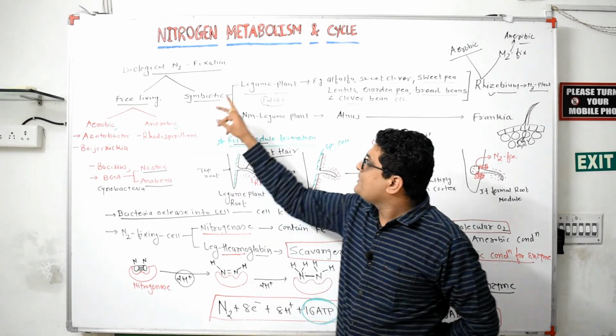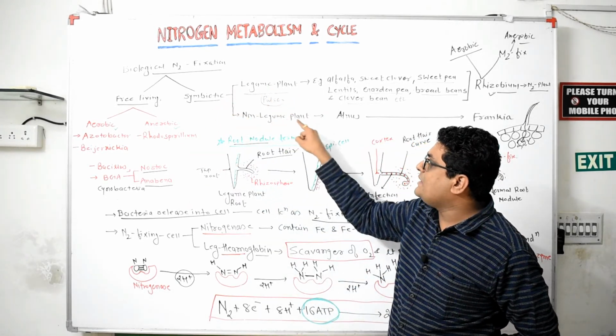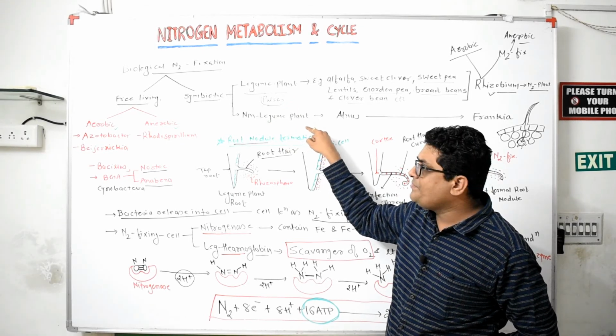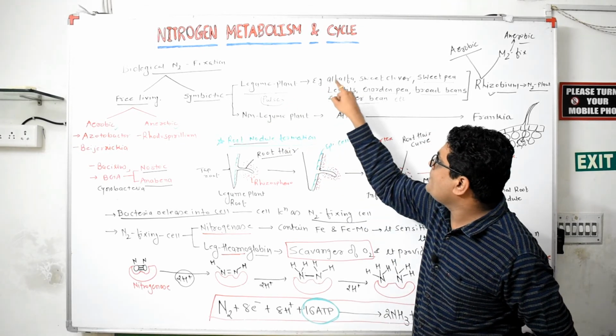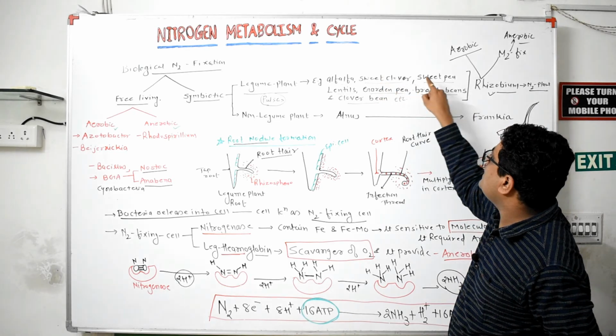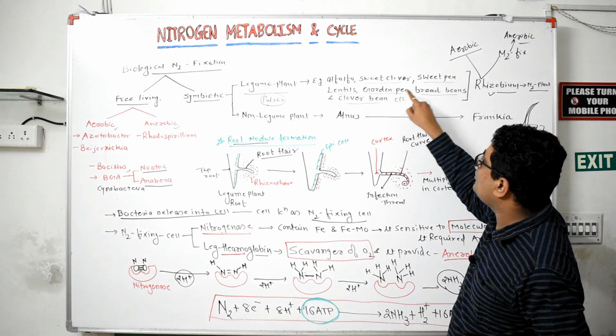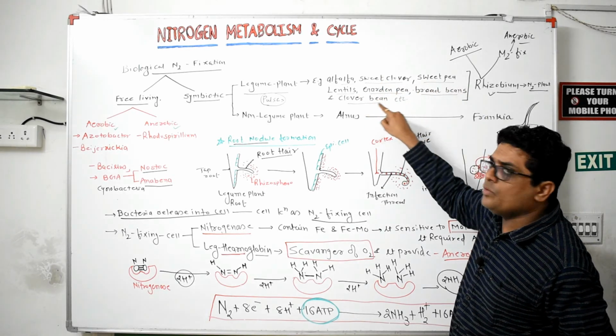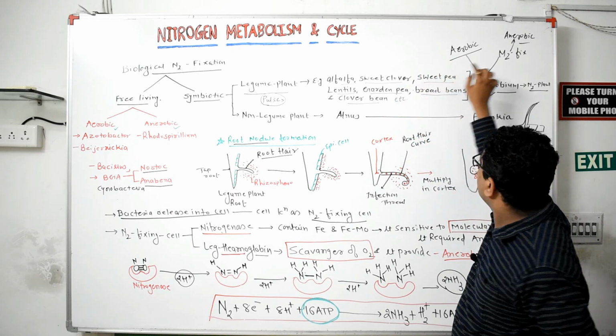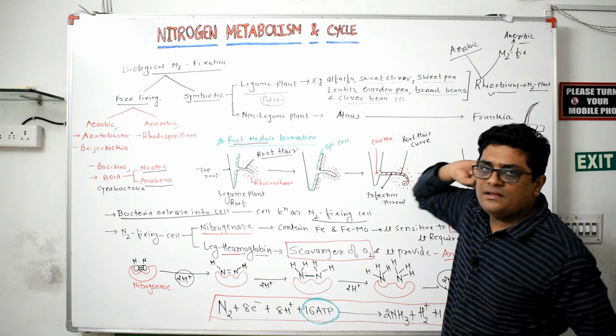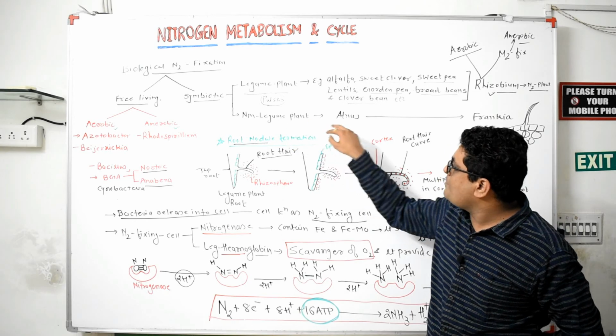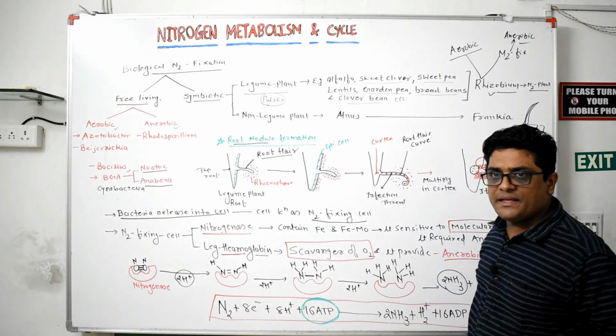Now, symbiotic, that is legume plants and non-legume plants. Legume plants are alfalfa, sweet clover, sweet pea, lentils, ground pea, broad beans, clover bean, etc., where Rhizobium bacteria fix the nitrogen. For non-legume plants, Alnus, the bacteria is Frankia.